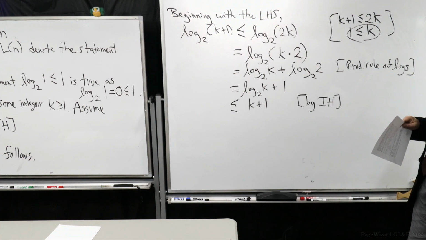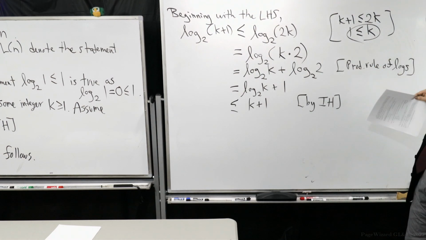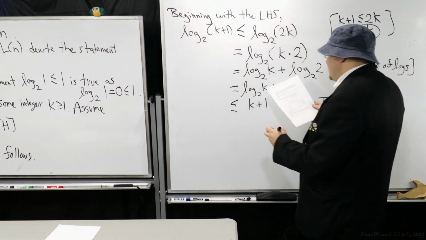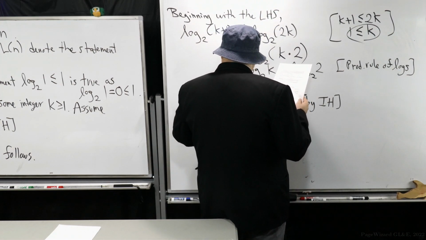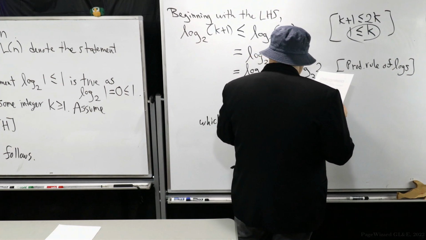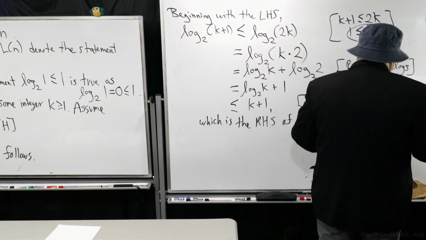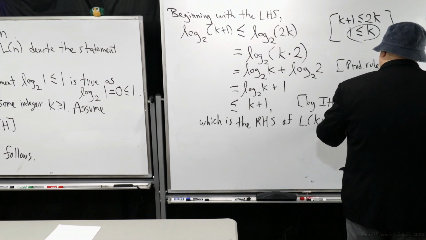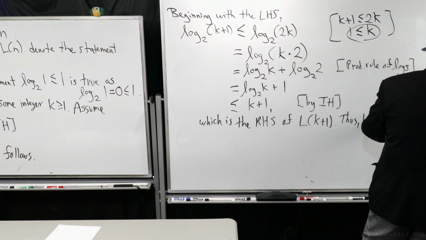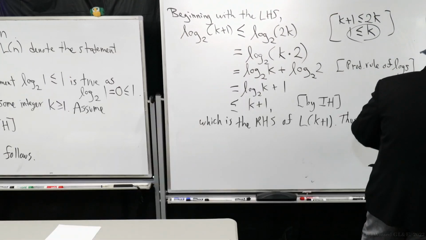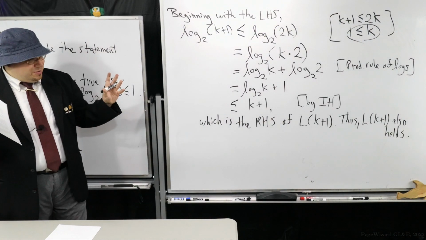And you see that we just showed, using the induction hypothesis, we got from L of k to L of k plus 1, which is the right-hand side of L of k plus 1. Thus, L of k plus 1 holds. Therefore, we can use the principle of mathematical induction because we have all the pieces.